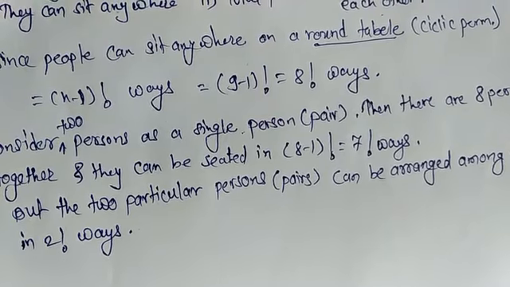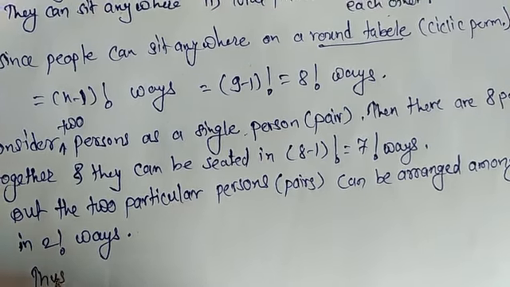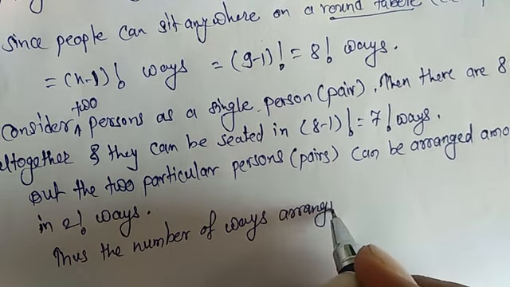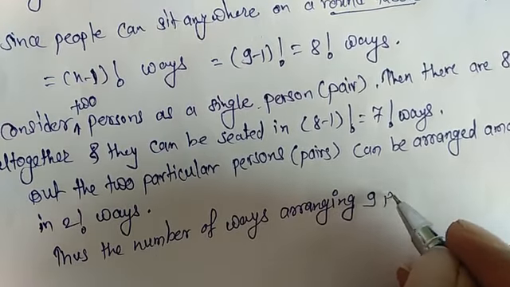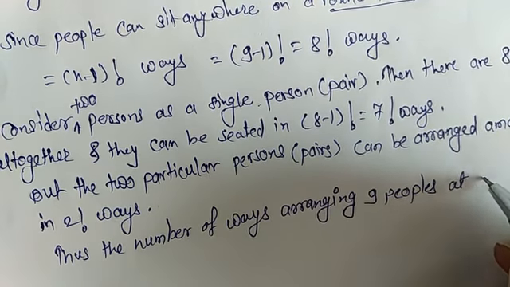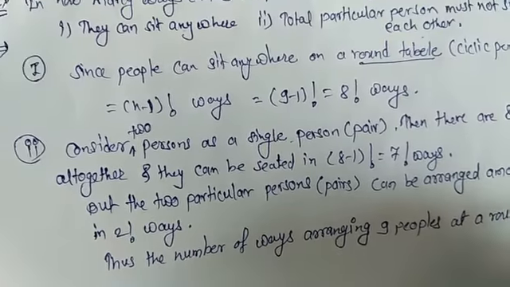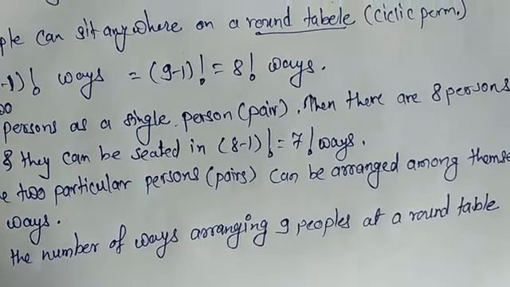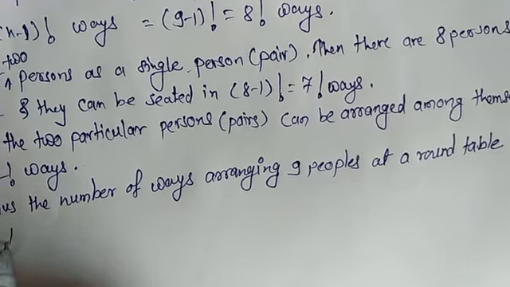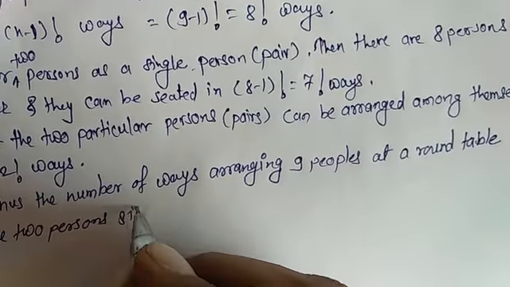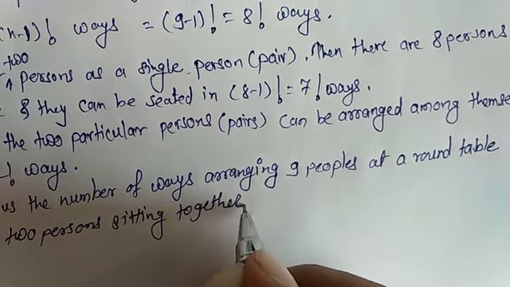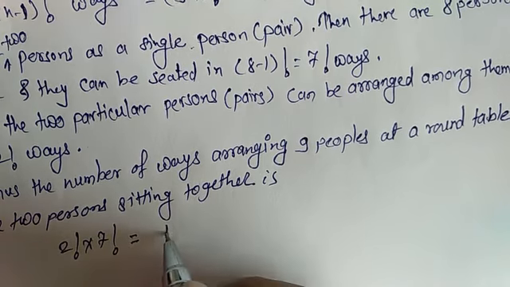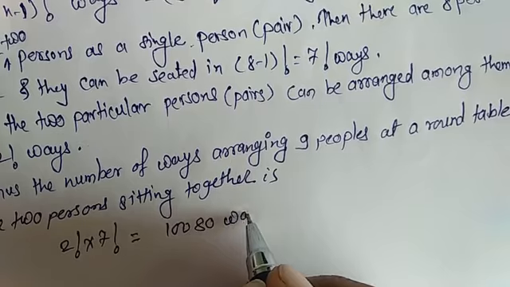Okay, thus the number of ways of arranging 9 people at a round table with the two persons sitting together is 2 factorial into 7 factorial, and its calculation will give us 10080 ways.